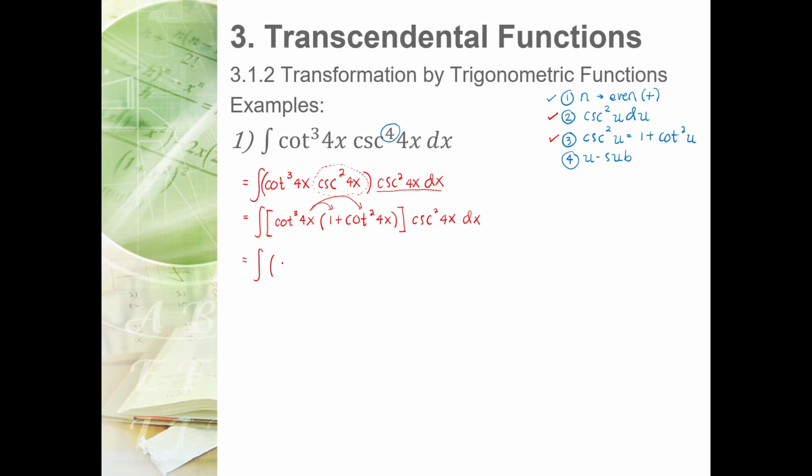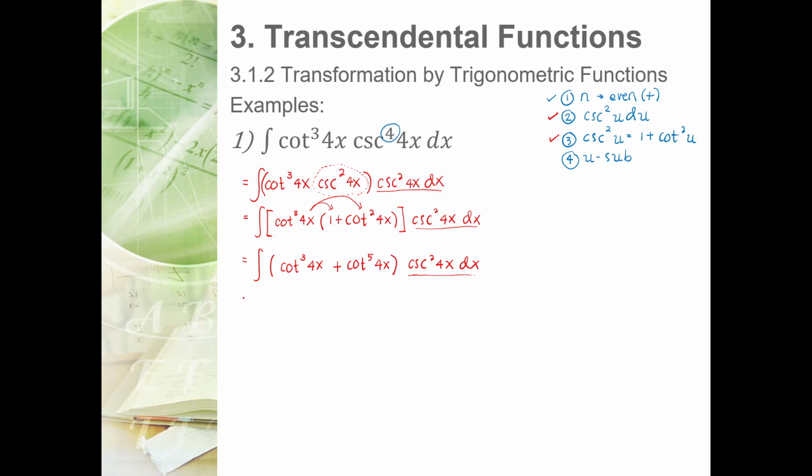What you have is cotangent cubed of 4x plus cotangent to the fifth of 4x. Then we have the factored out term cosecant squared 4x dx. Let's underline this one so that this is the factored out term.